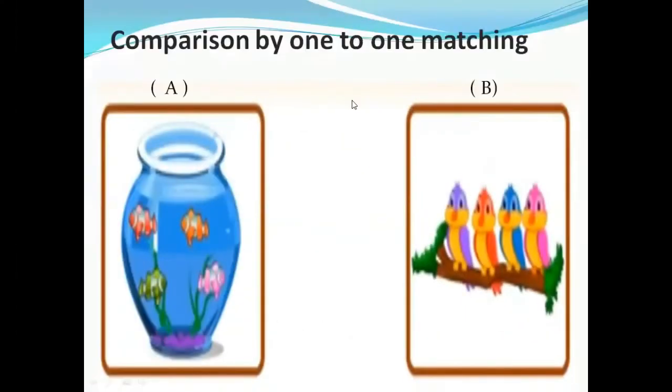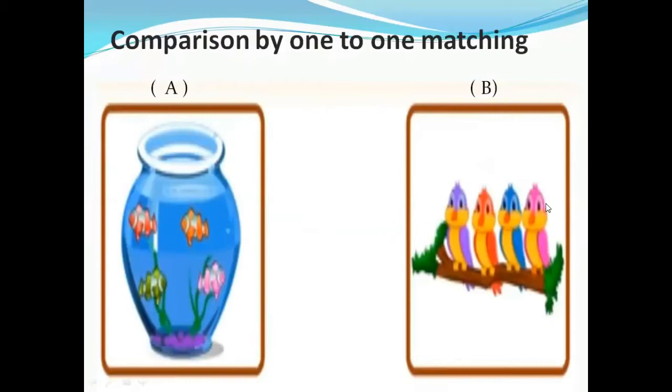Now, here we can see two groups, group A and group B. In group A, there are four fishes: 1, 2, 3, 4. In group B, there are four birds: 1, 2, 3, 4.